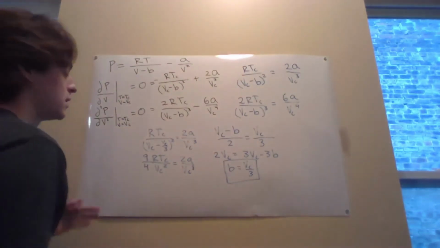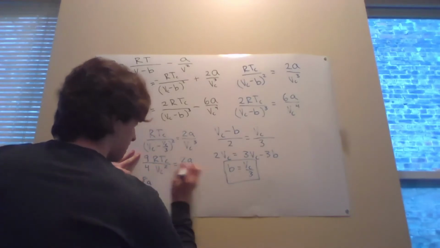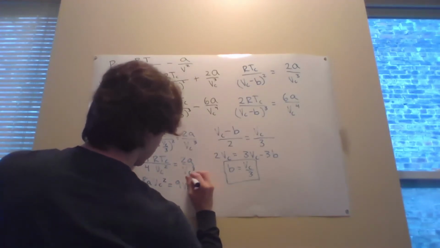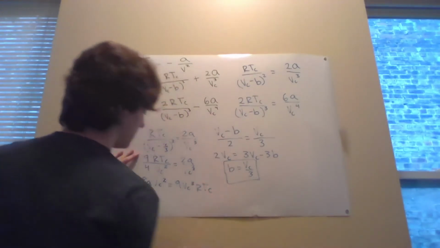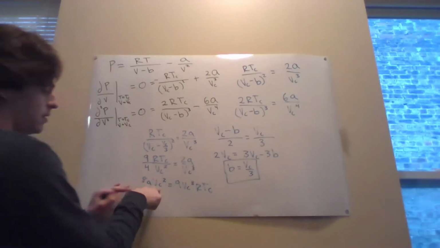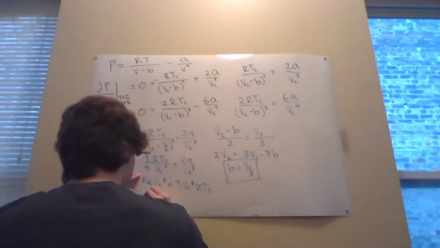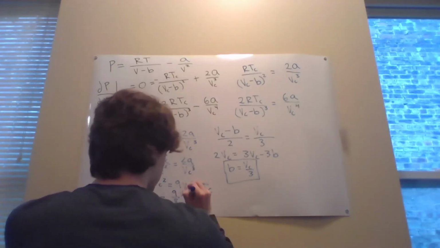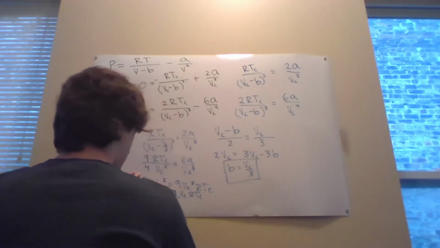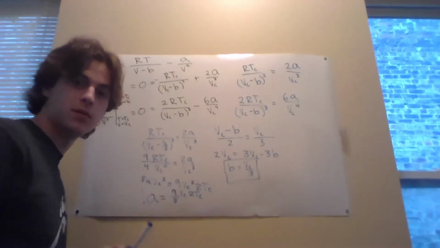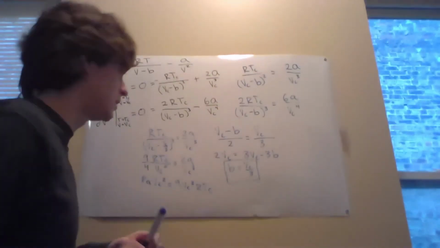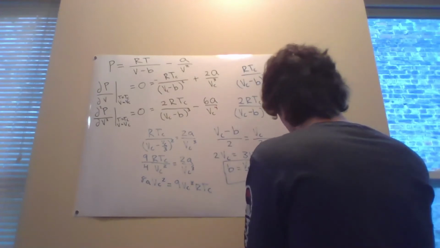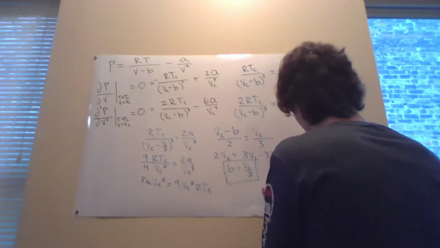Now from here we can solve for A. We'll get 8A times the critical volume squared equals 9 times critical volume cubed times gas constant R times the temperature, and we will just divide by 8 times the critical volume squared, and that will give us A. So A is equal to 9 over 8 times critical volume times R times critical temperature.